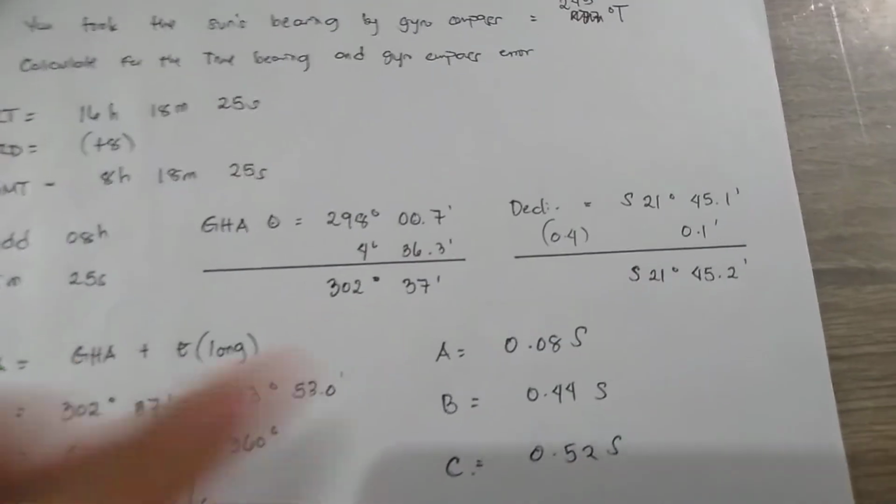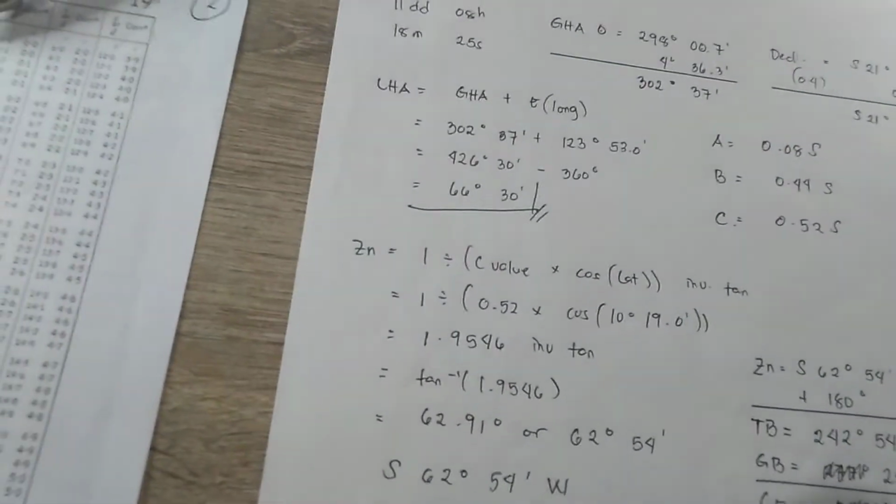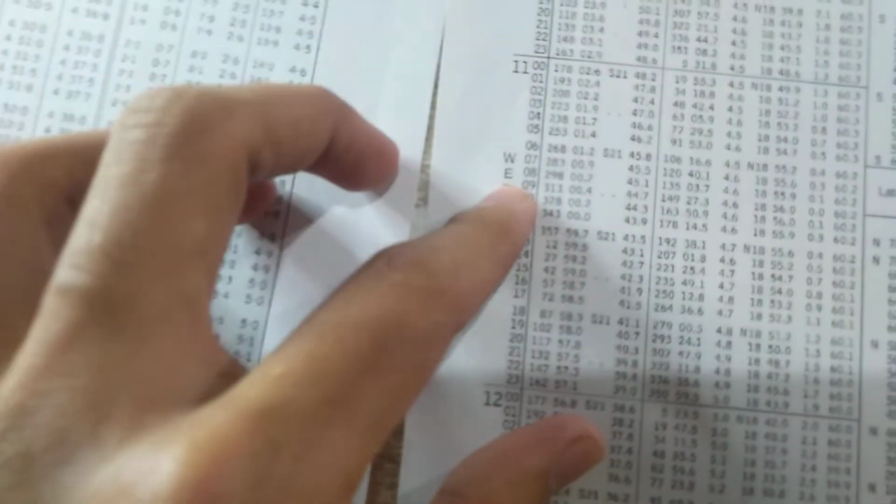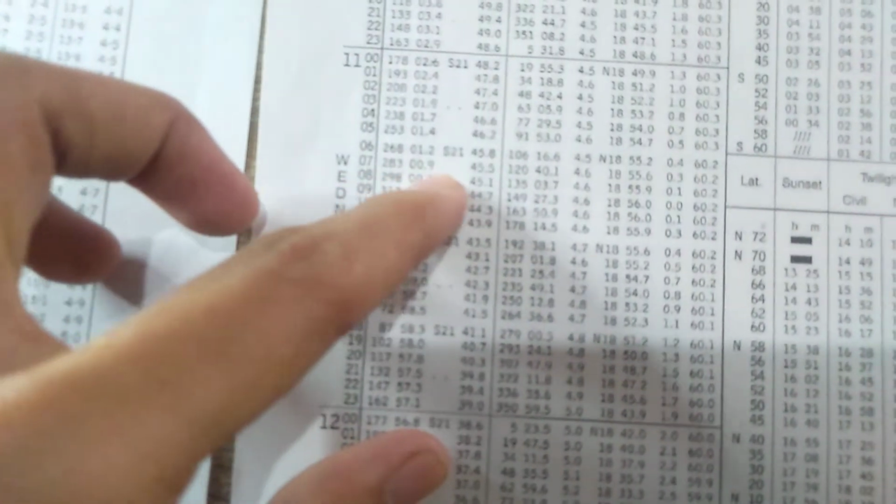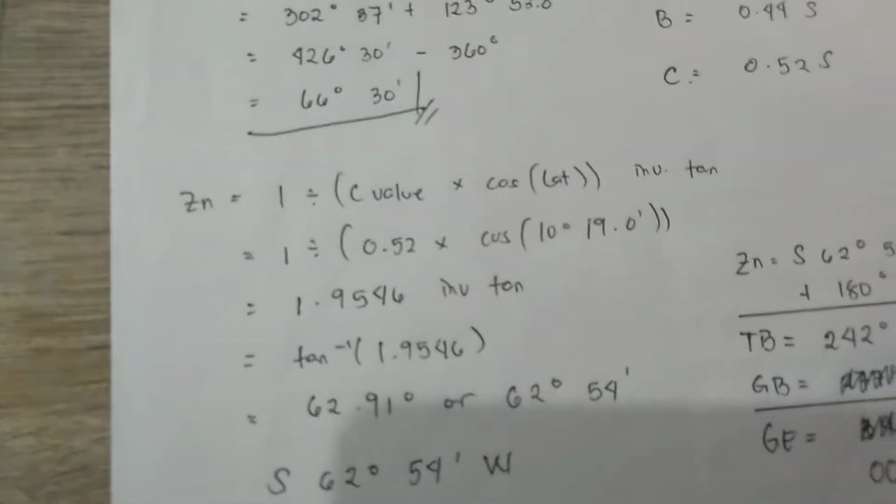For the declination of the Sun, from the first table, the Sun on the 11th at 8 hours, the declination is 21 degrees 45.1 minutes.